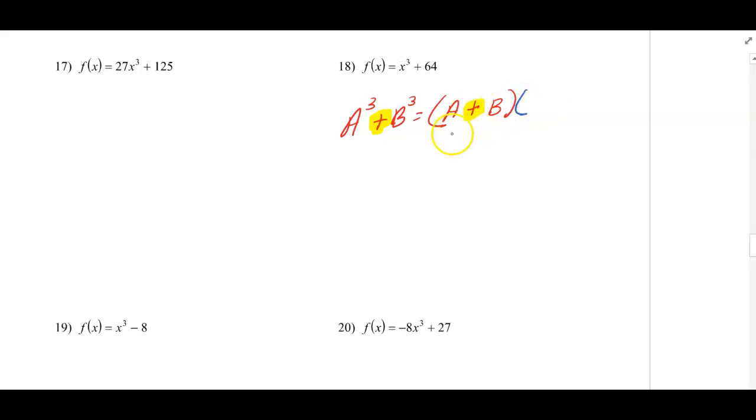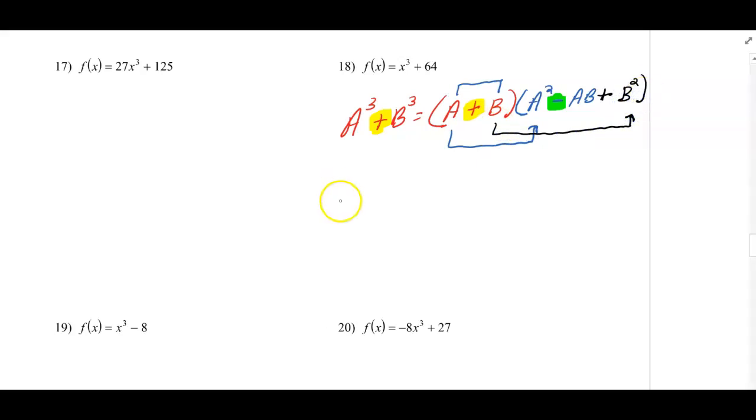Then you square the a, so a squared. You multiply these two terms, ab. If that yellow symbol is plus, this is a minus. These two symbols are always opposites. The last symbol is always positive. And to get the last term, you're going to take that b and square it. So that's the formula for the sum of cubes.